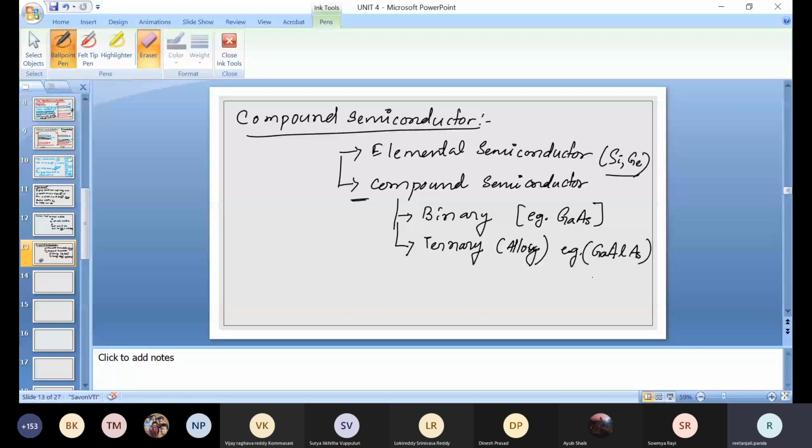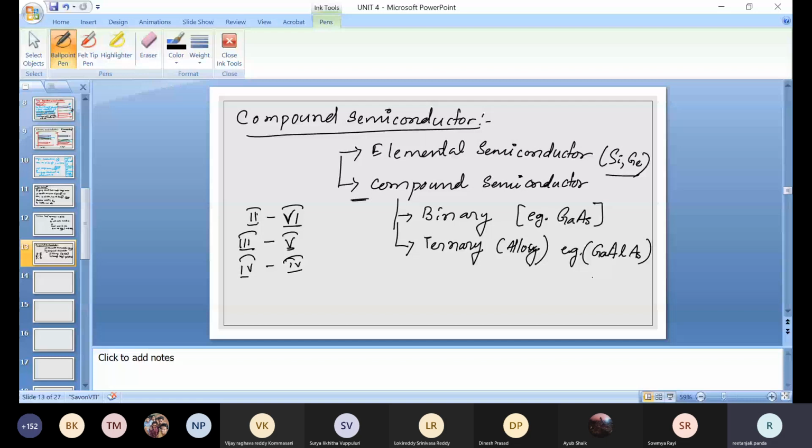What you observe here is that if I take a second group element, I also take a sixth group element. Why? Because if we are to form a covalent bond, there should be sharing of electrons. So this is the combination of elements by which we get the compounds.